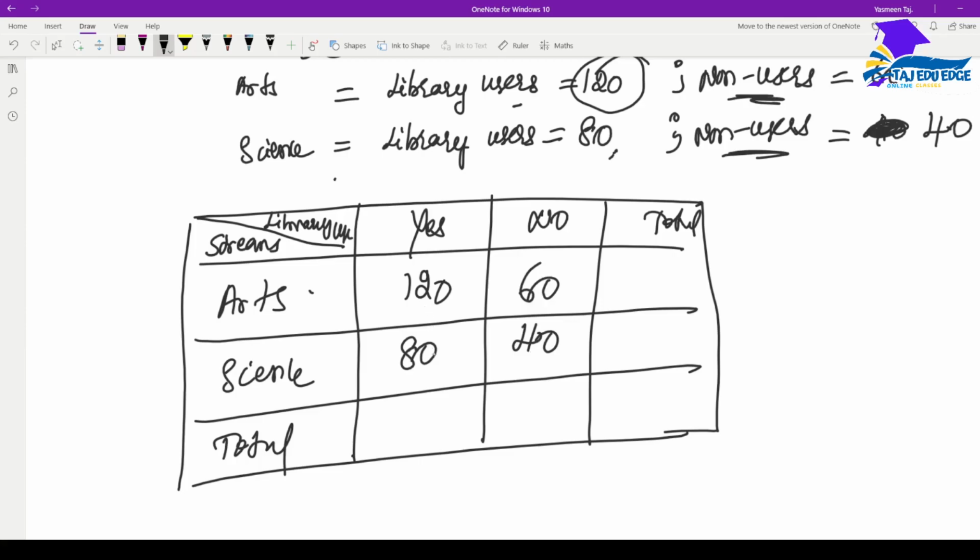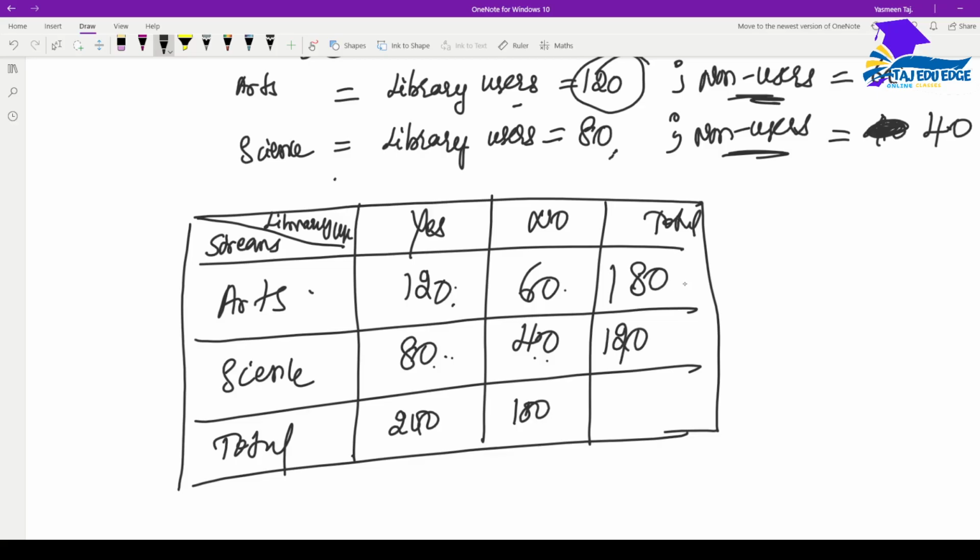Now, if we add this horizontally and vertically, 120 plus 80 is 200. 60 plus 40 is 100. 120 plus 60 is 180. 80 plus 40 is 120.